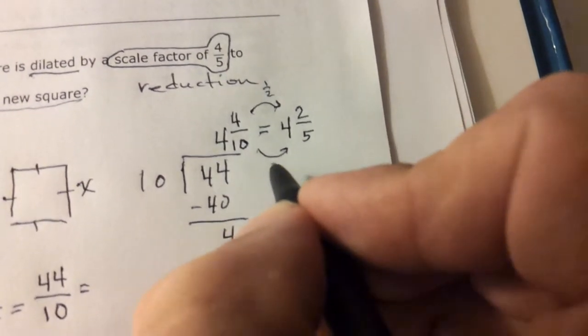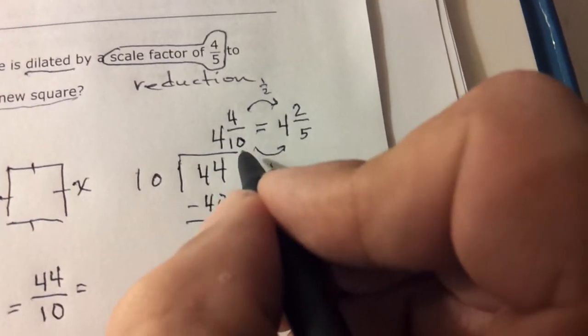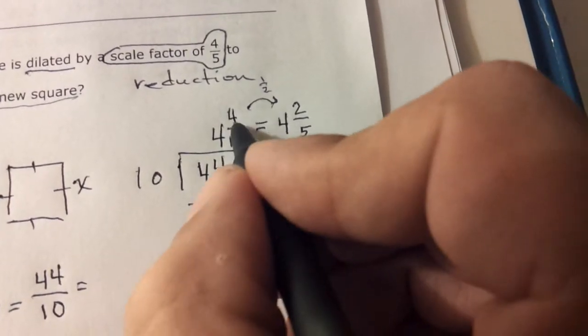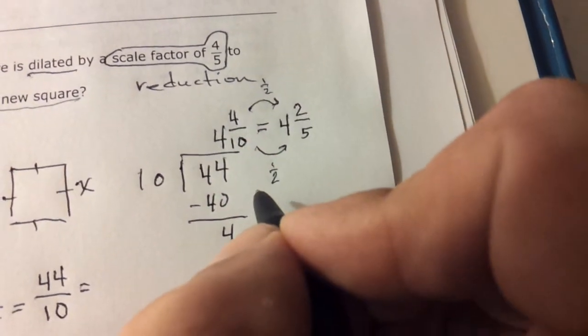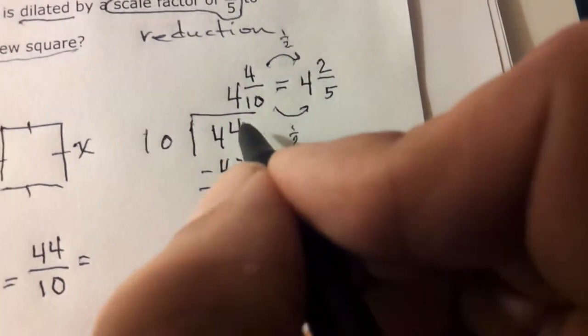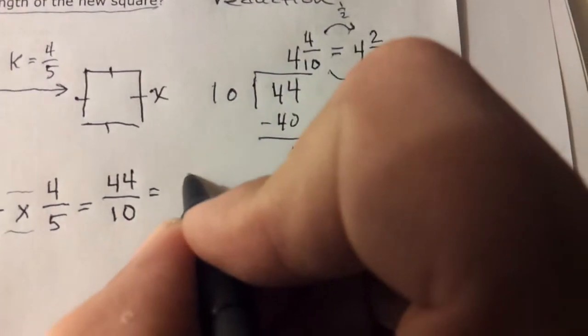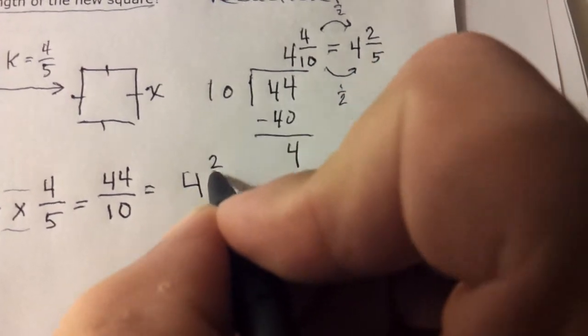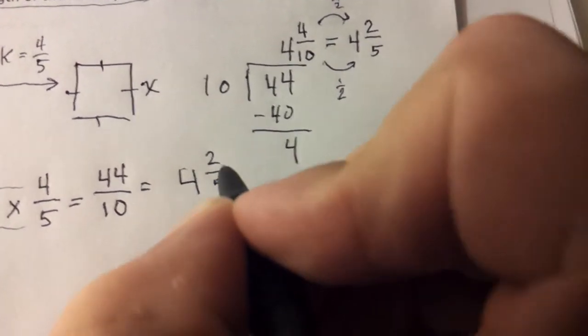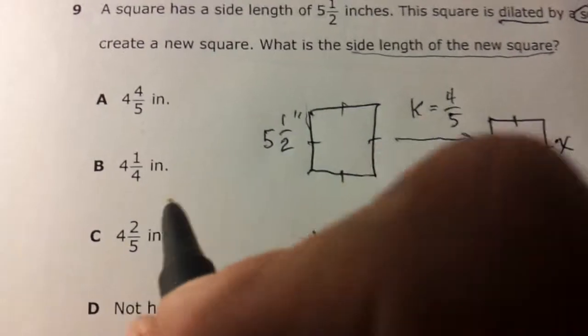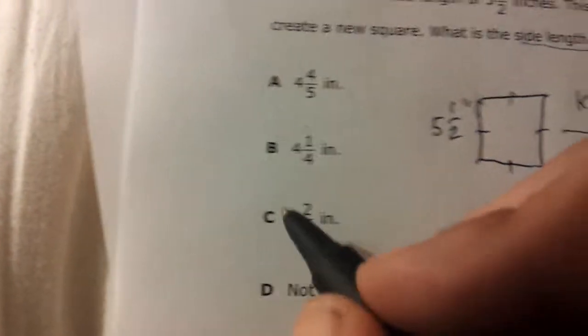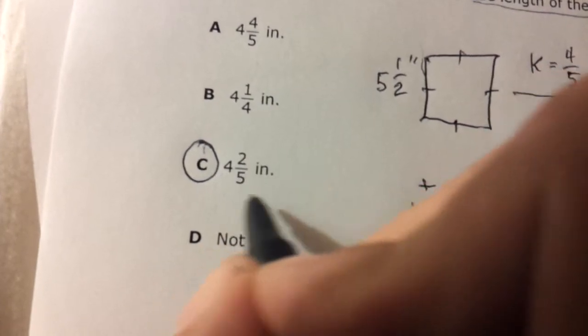Guys, see that? 5 times 2 is 10, 10 times 1/2 is 5, 4 times 1/2 is 2. So 44/10 equals 4 and 2/5, which is, of course, answer choice C, 4 and 2/5 inches.